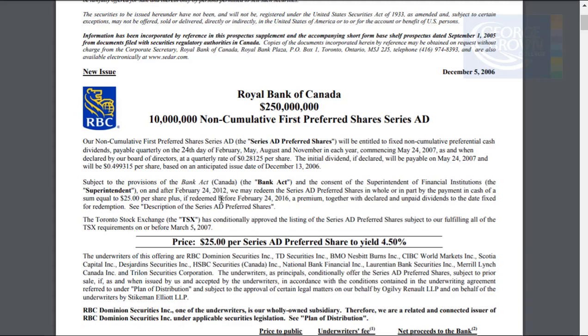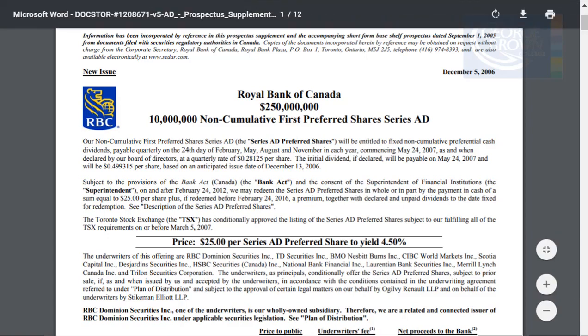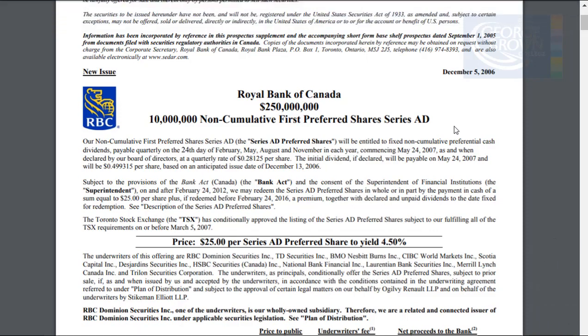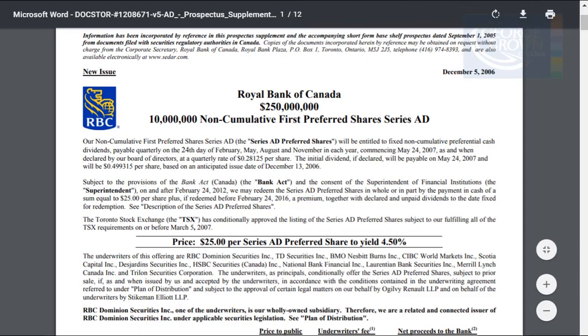So on or after February 24, 2012, the Royal Bank may redeem the Series AD preferred shares in whole or in part by the payment of a cash sum equal to $25 per share. And that's indeed what happened in 2018. These were non-cumulative preferred shares that were redeemable, so they did not have an infinite life.